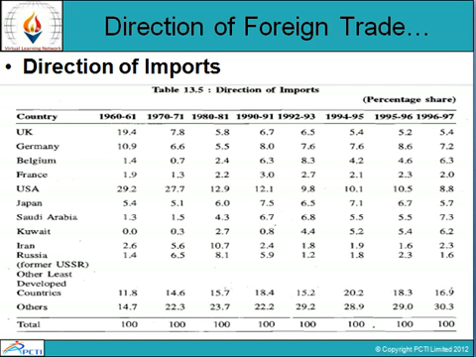The increasing quantity and amount of import of petroleum products has made Saudi Arabia and Kuwait the second and the fifth largest import partners of India.